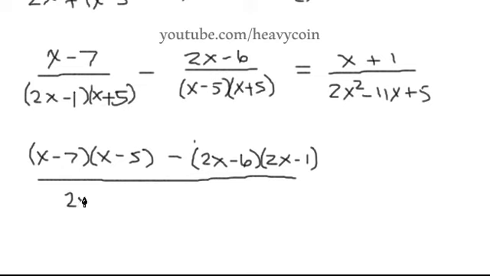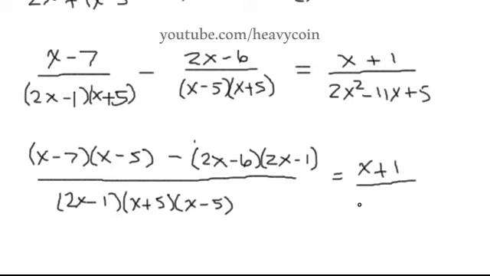So we're going to have 2x minus 1 times x plus 5 times x minus 5. We got to remember what all this is equal to, right? It's equal to the x plus 1 over the 2x squared minus 11x plus 5.